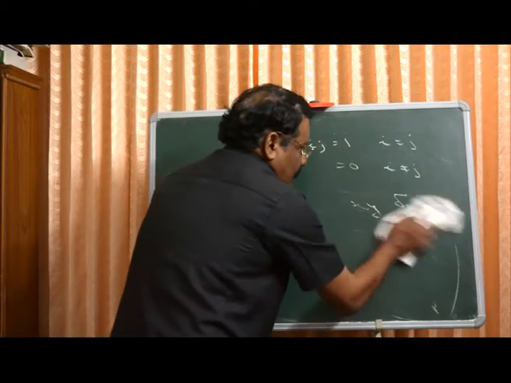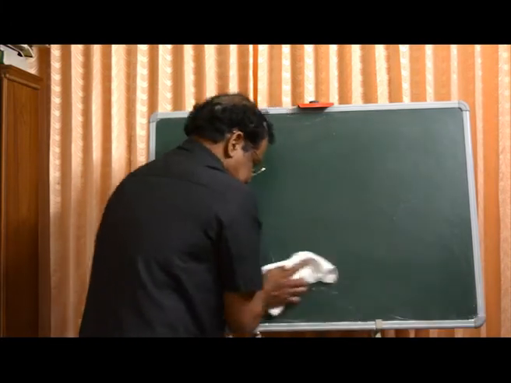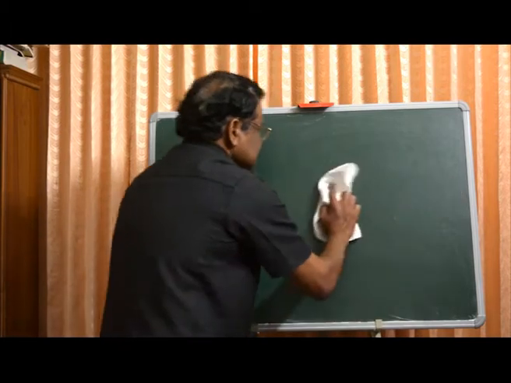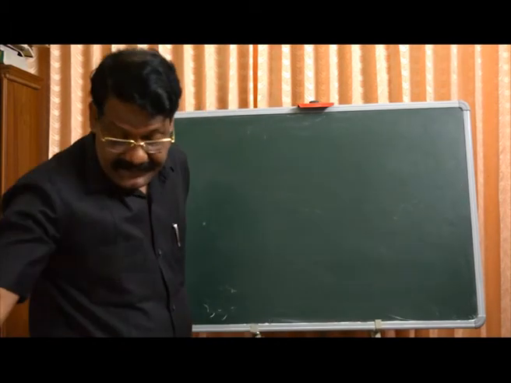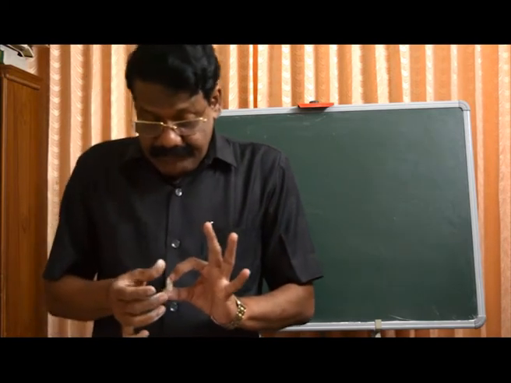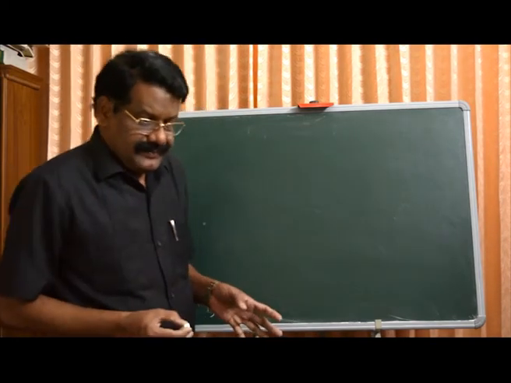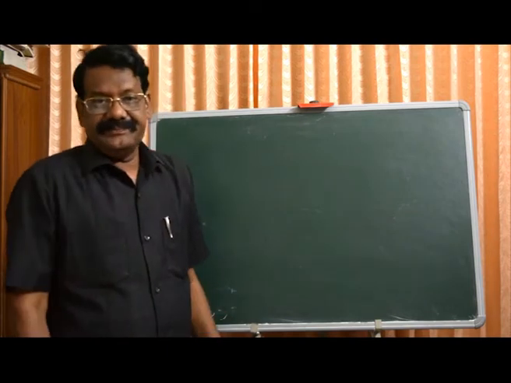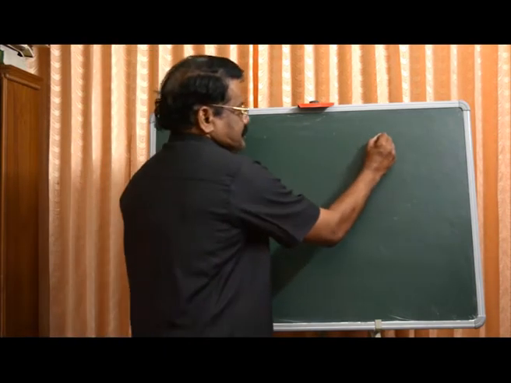Another important property exhibited by the Kronecker delta is this. Consider a coordinate system, a three-dimensional coordinate system.